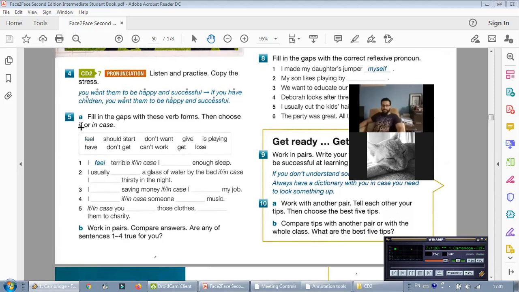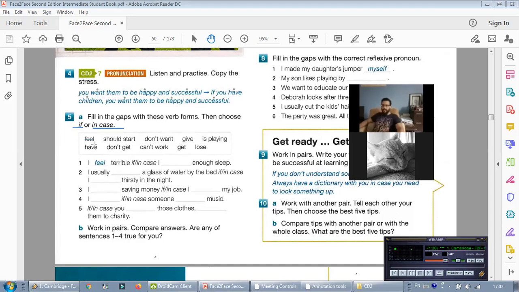You have to choose between if and in case. You need to know the difference between if and in case, and use the correct form of the verbs. And of course, if you think it needs any changing, you will have to change it.